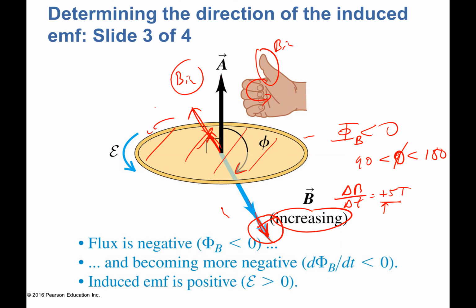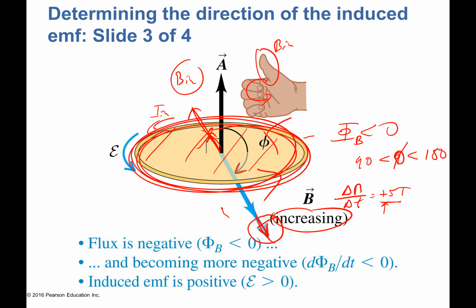If your current goes counterclockwise like this, there will be a magnetic field generated by the loop in the opposite direction, and it will try to cancel the magnetic field. Again, Lenz's law allows you to find the direction of the induced magnetic field due to that induced current. That means the current has to be counterclockwise in this case.